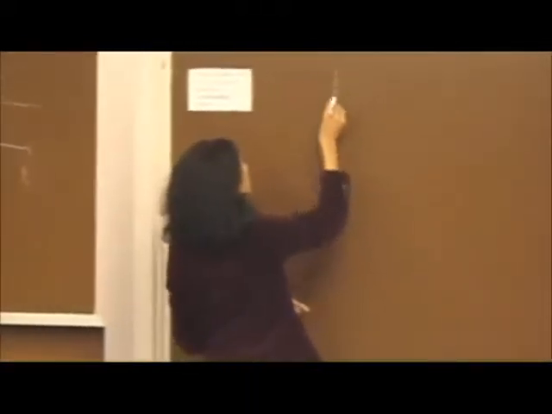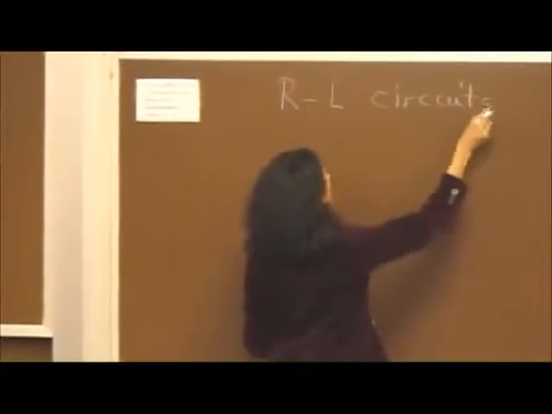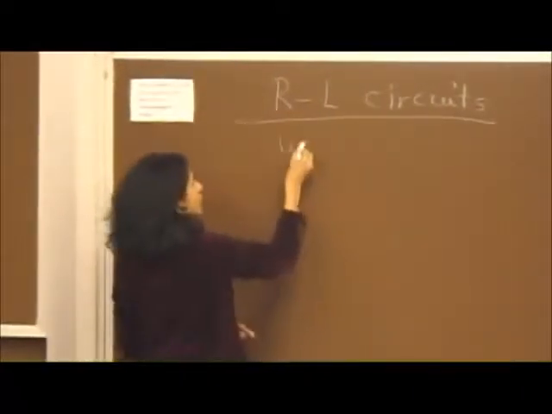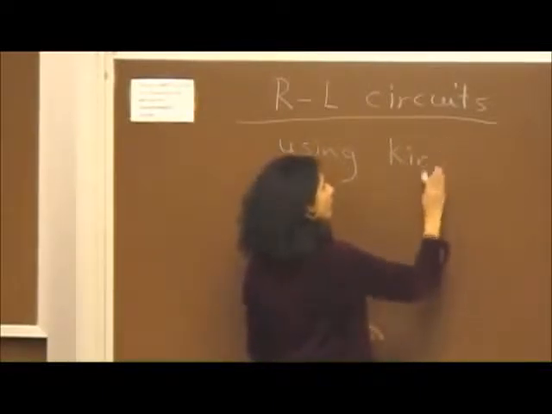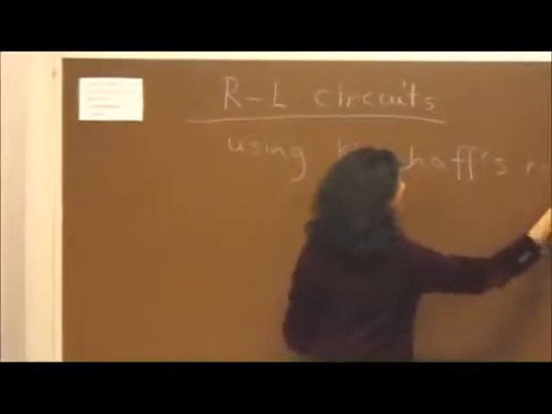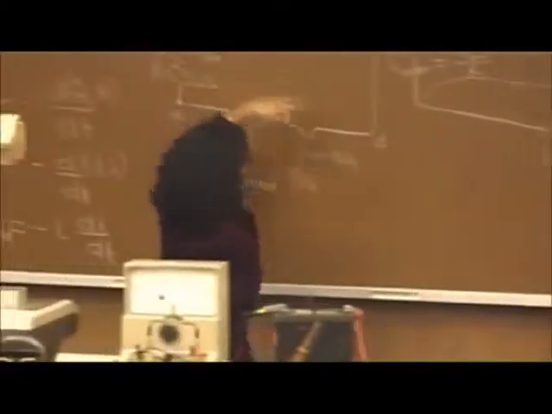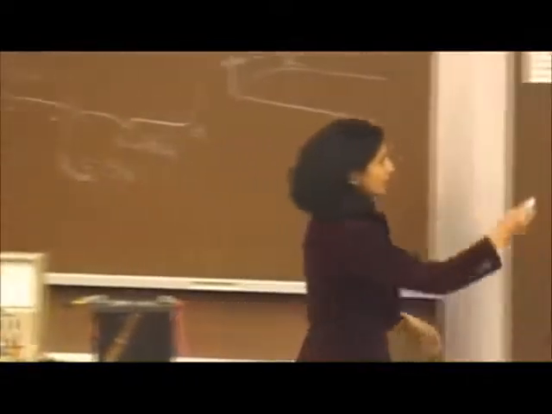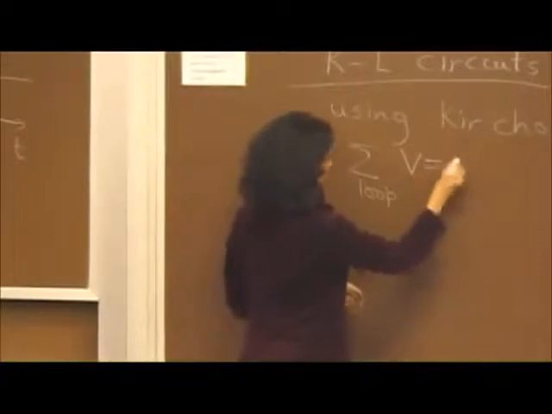So we are talking about an RL circuit. Using Kirchhoff's rule for voltage, if we go through a loop, the sum of voltages over a loop adds up to 0.